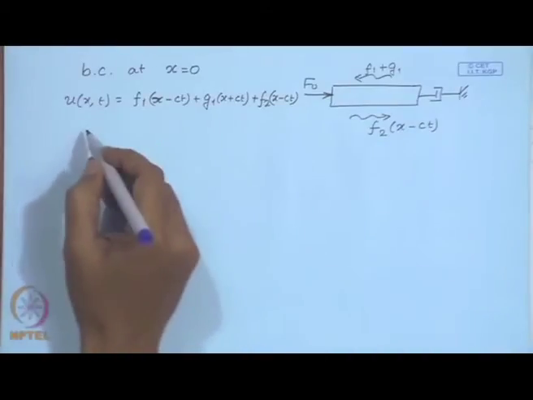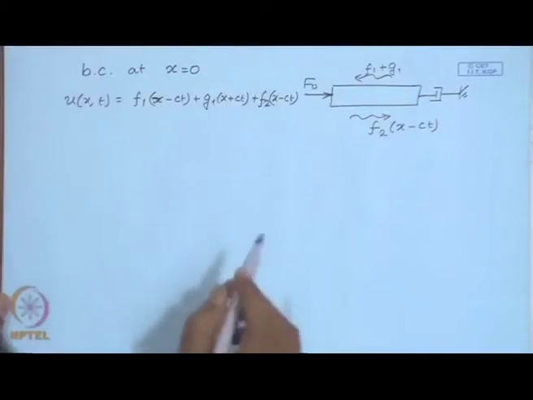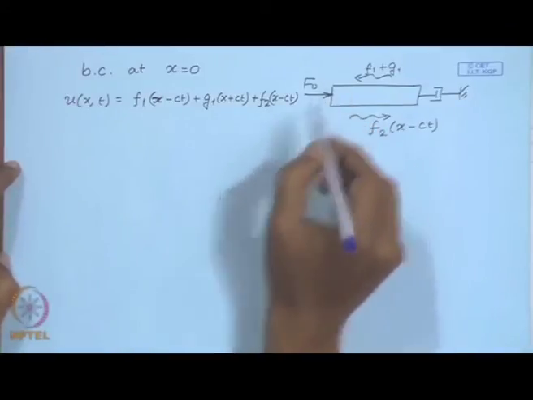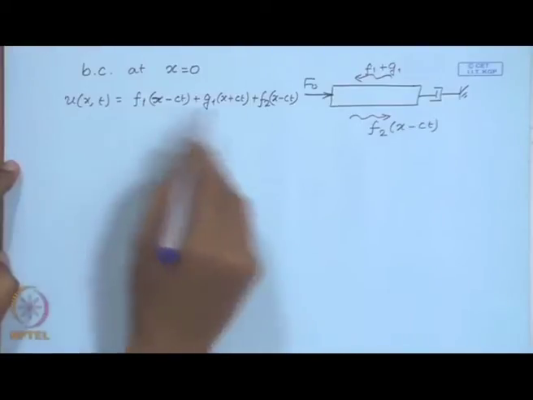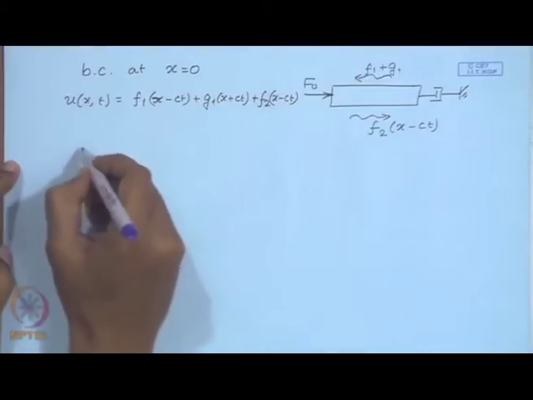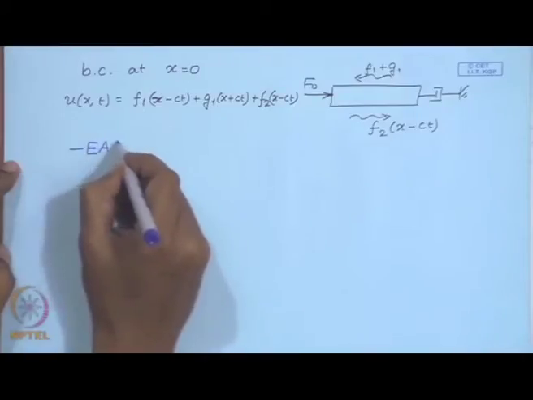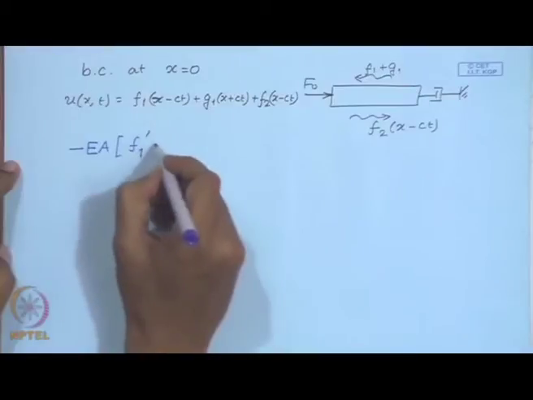Now, if you use the boundary condition at the left end of the bar, what you will obtain finally when you do all these substitutions, at x equal to 0.